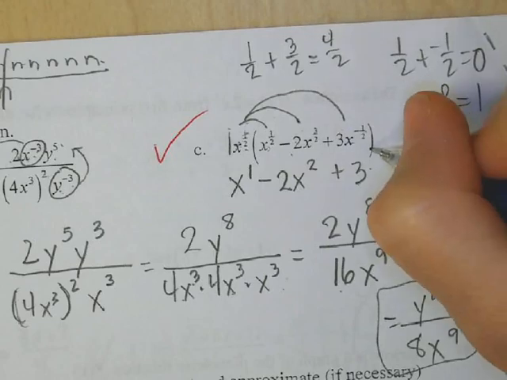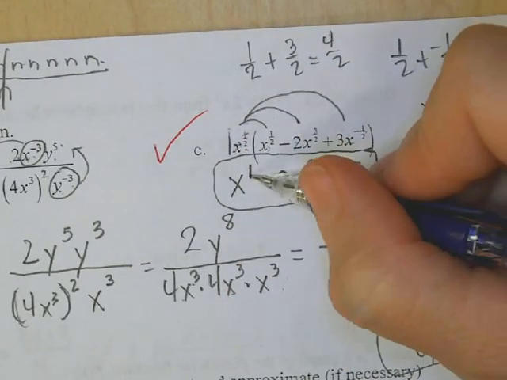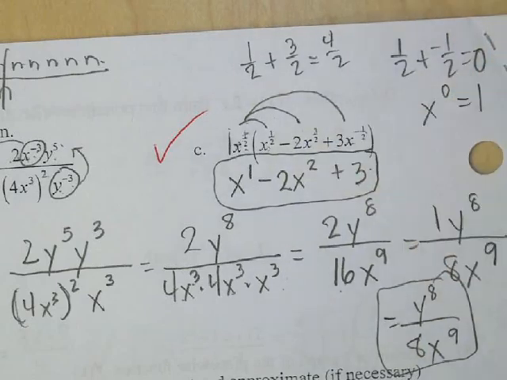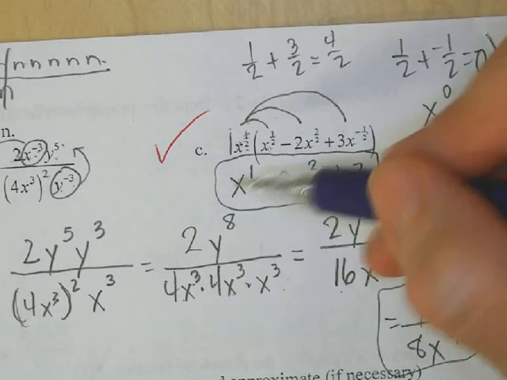So here's my answer. See, I didn't need a lot of room for that. And I don't need to write that exponent of 1. I could have just written x. And if you want to, you can rewrite it in a more standard order, which would be -2x squared plus x plus 3.